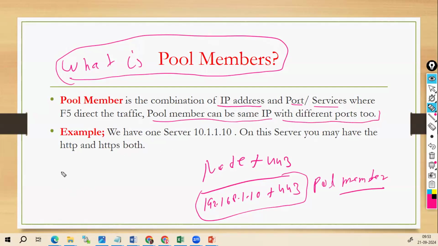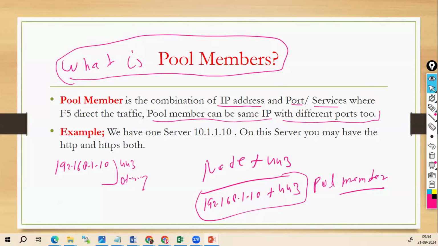In your company, for example, they have one server. We are considering this same server again. On this server, we can use only 443 or we can use other services also, like 1143, 80, 443.